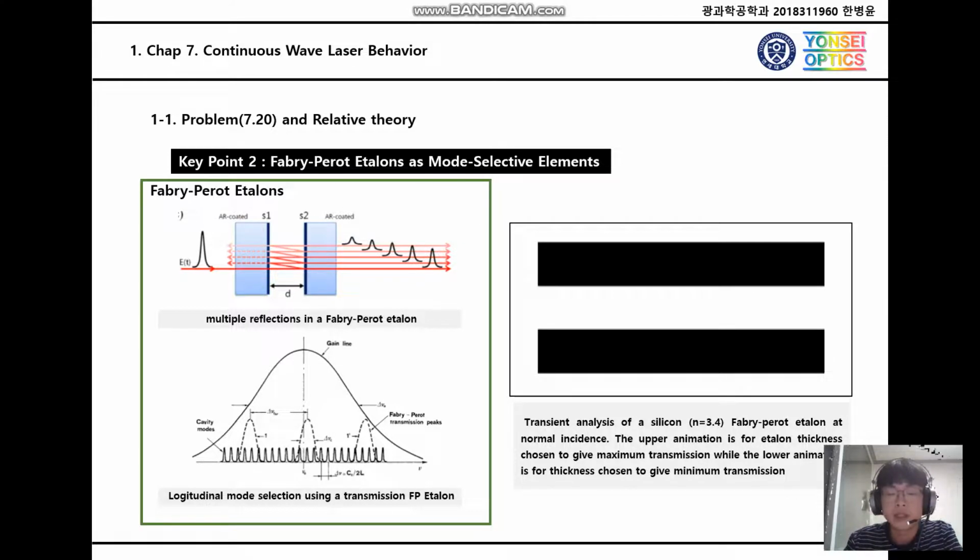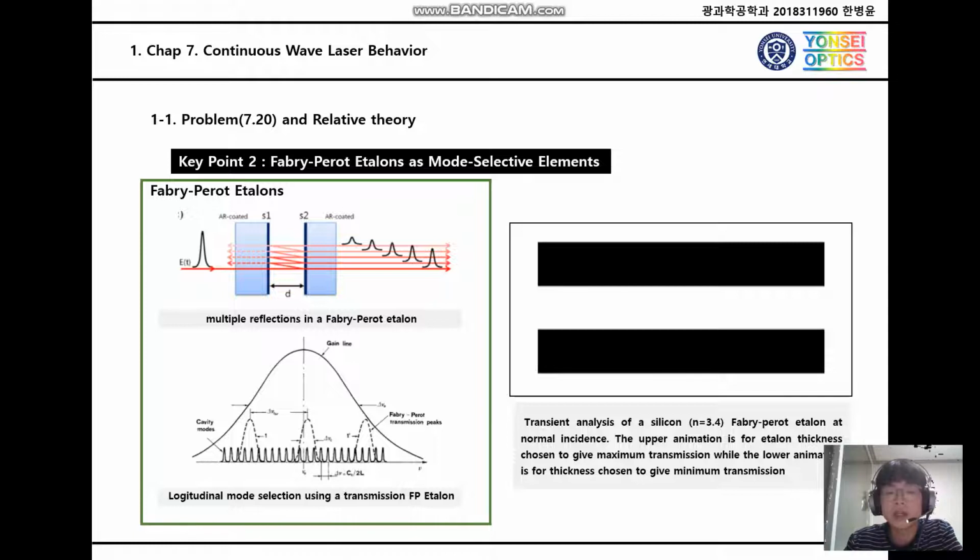The varying transmission function of an etalon is caused by interference between the multiple reflections of light between the two reflecting surfaces. Constructive interference occurs if the transmitted beams are in phase, and this corresponds to a high transmission peak of the etalon. If the transmitted beams are out of phase, destructive interference occurs and this corresponds to a transmission minimum.